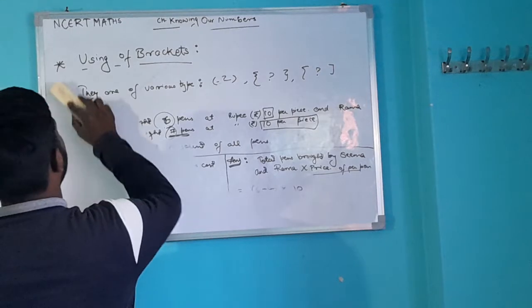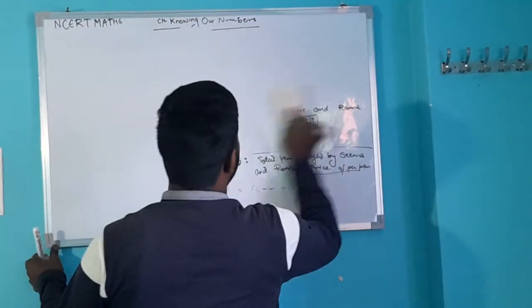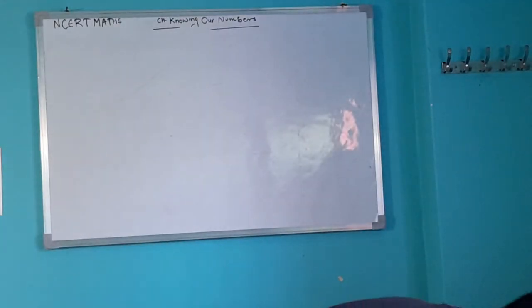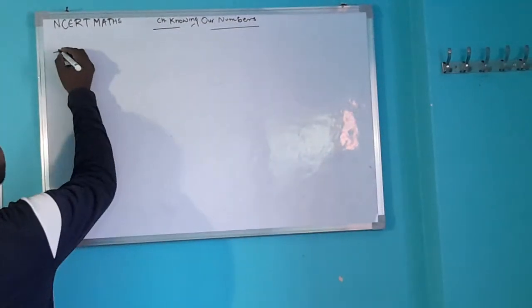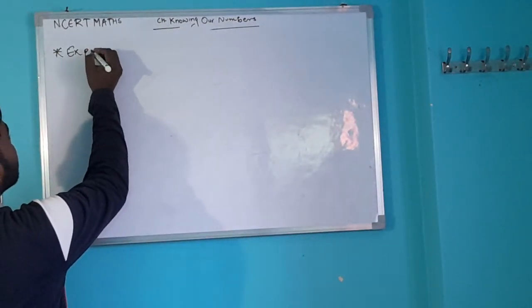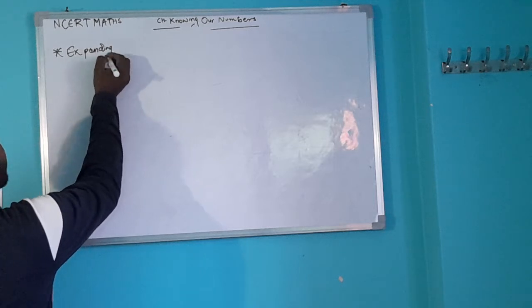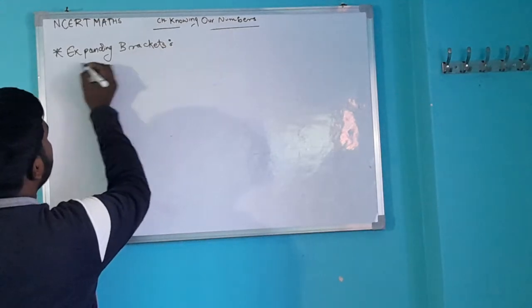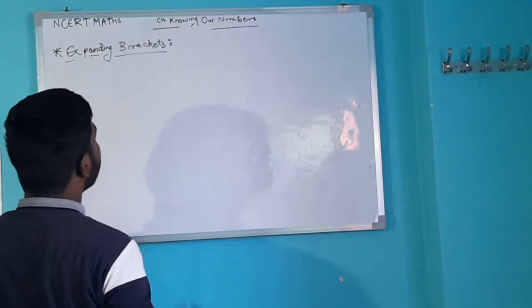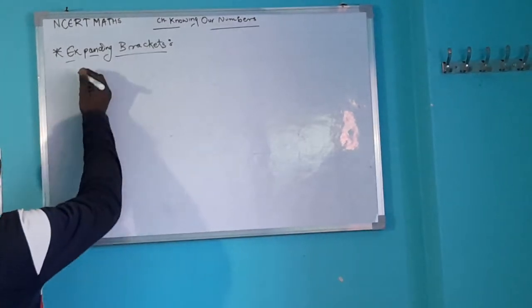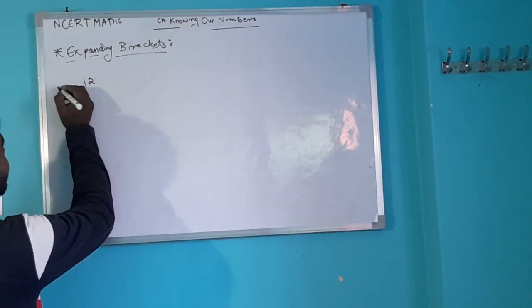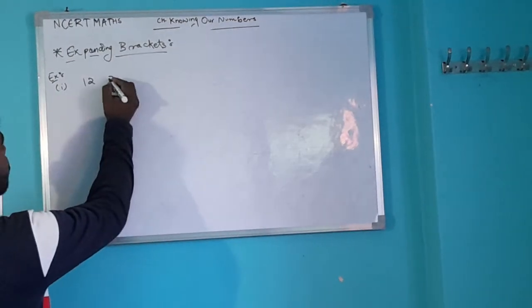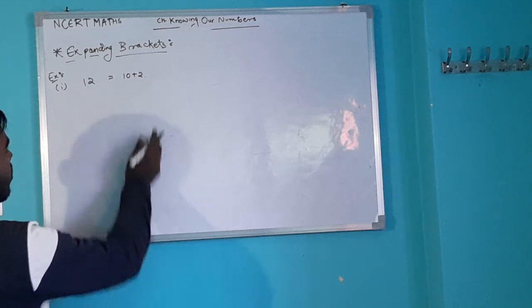Let's move forward. See our next topic, expanding brackets. In expanding brackets, we express a number in parts. For example, 12 we also write as 10 plus 2.